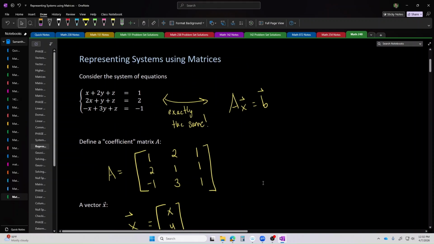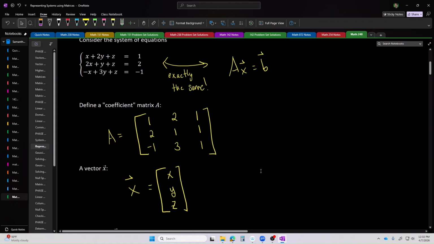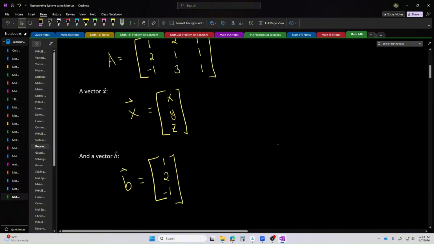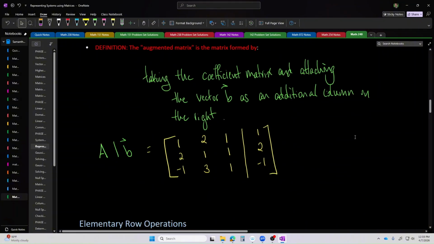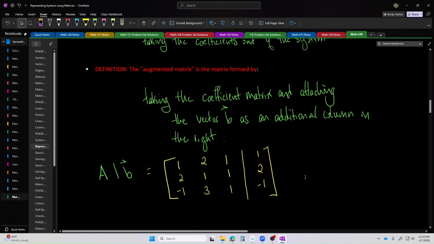Now, when we're dealing with systems of equations, there are two main matrices that are used in practice. The first one is just the coefficient matrix itself, and the second one is what we call the augmented matrix. The augmented matrix is the coefficient matrix with an extra column, where we just take this output vector b and attach it to the coefficient matrix on the right.